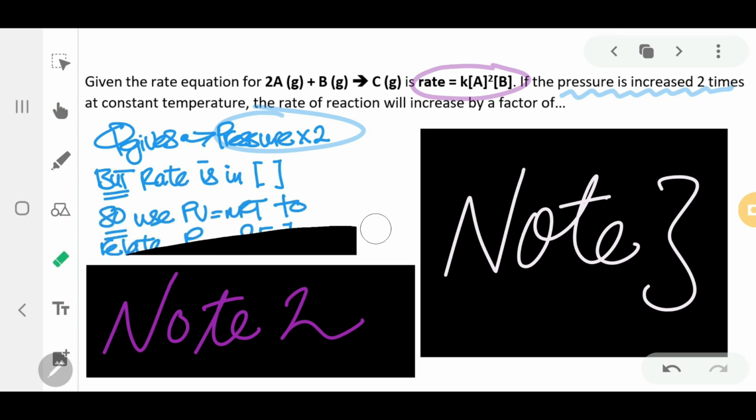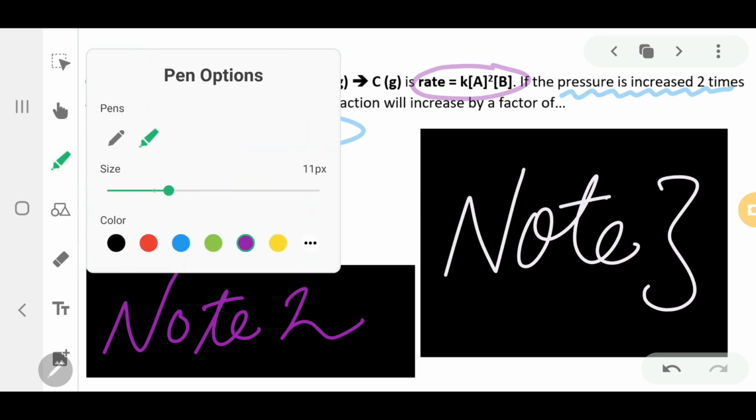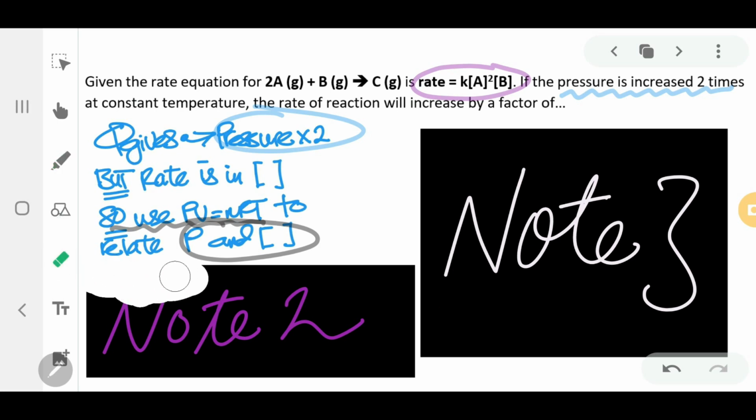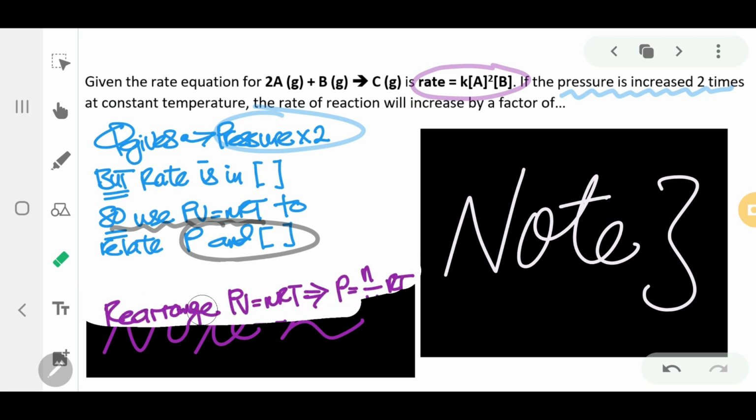You're going to use PV equals nRT to relate P and concentration together. This is a very important piece of information. So when you look at PV equals nRT, you can try and rearrange that.